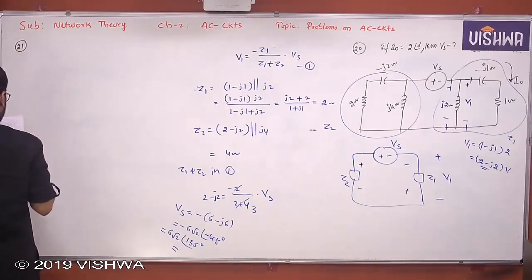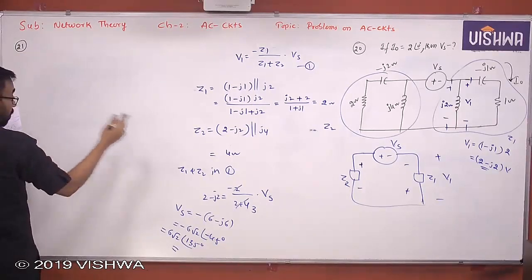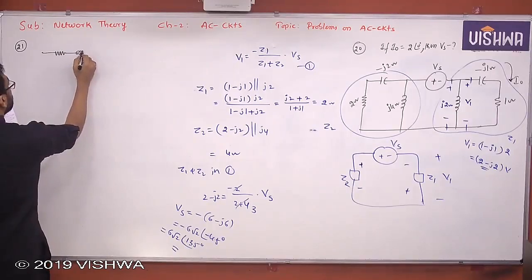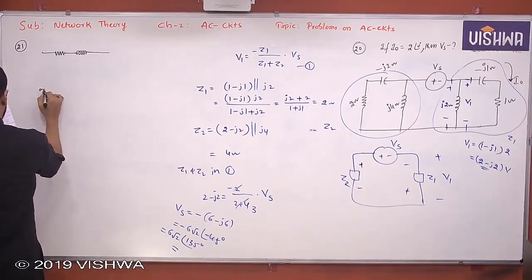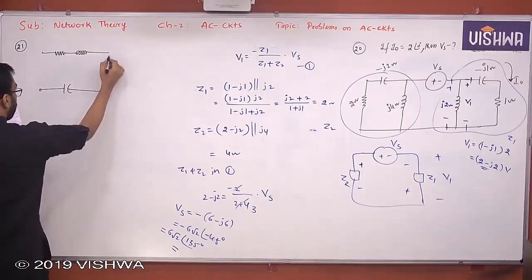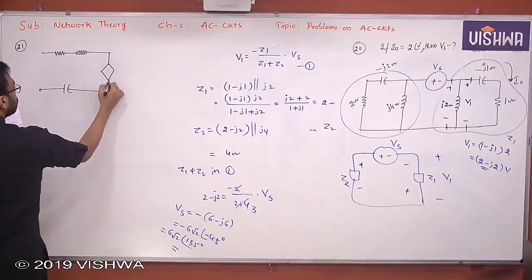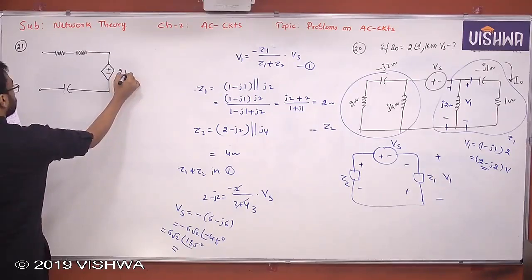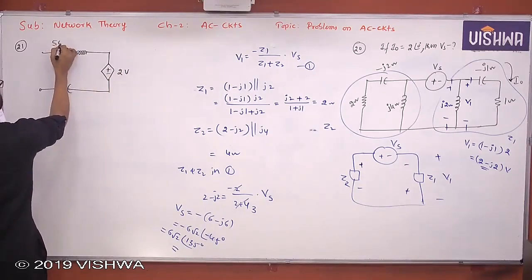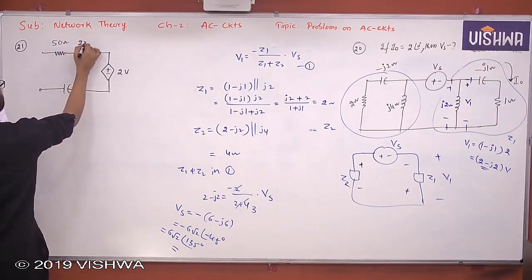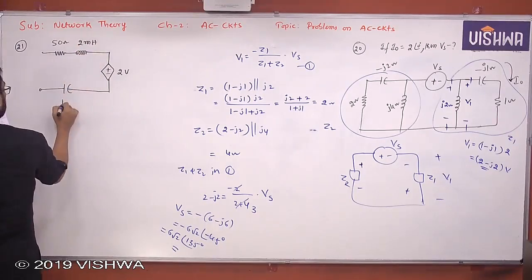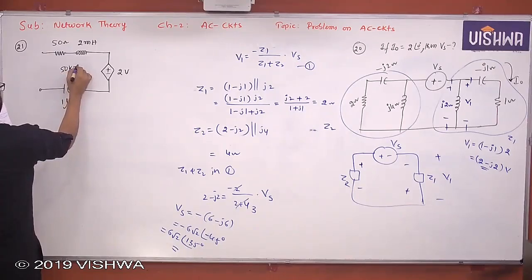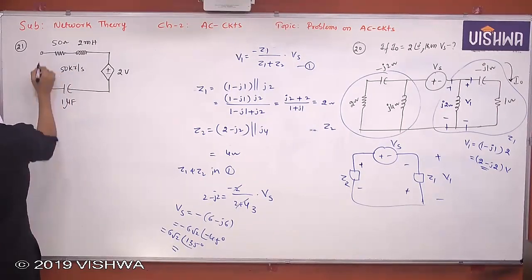Meanwhile, I will just note down another problem. Please complete that. Another problem: 2 millihenry, 1 microfarad, and 50 kilo radian per second is the frequency given.